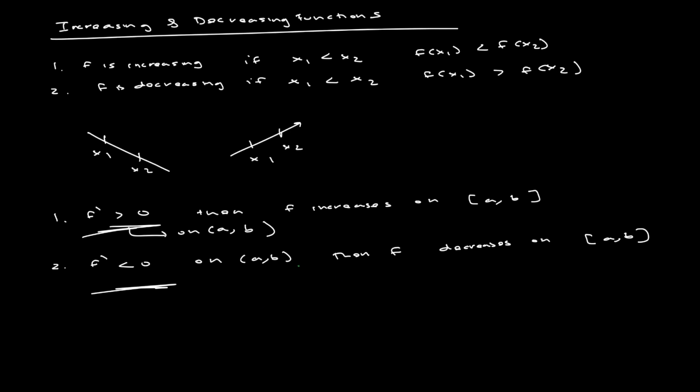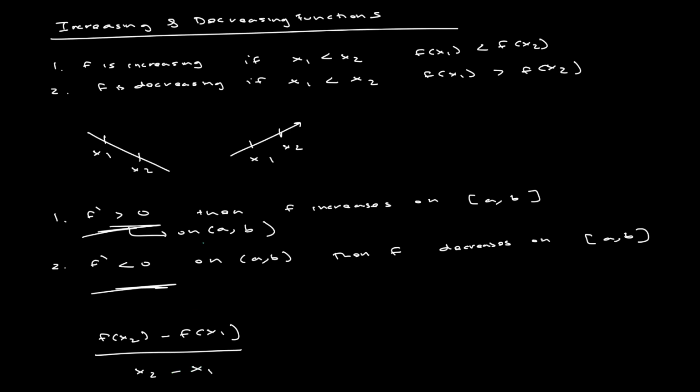And the proof of that is actually very simple. Because let's say we have 2 points, f of x2 minus f of x1. Well, we have f of x2 minus f of x1 divided by x2 minus x1, right? We're finding the rate of change.